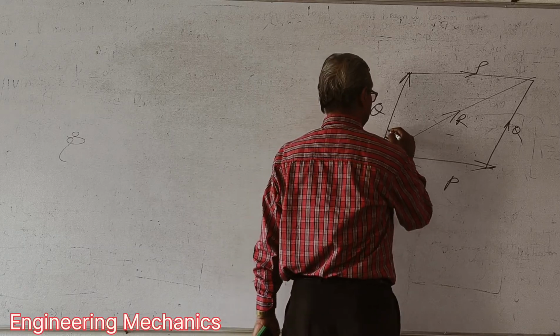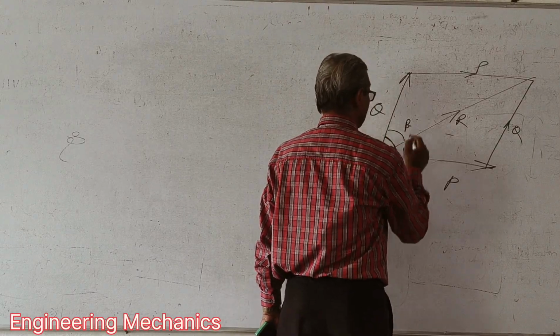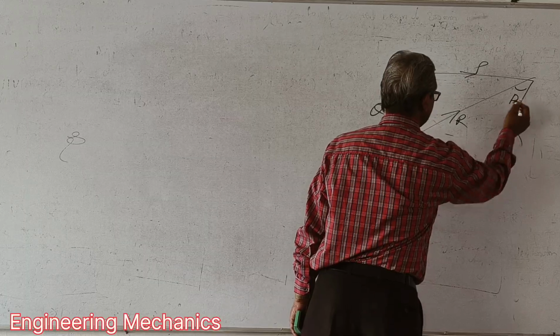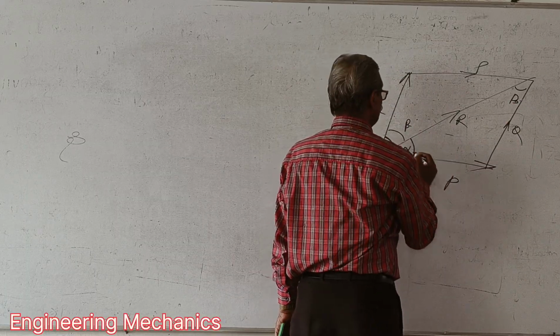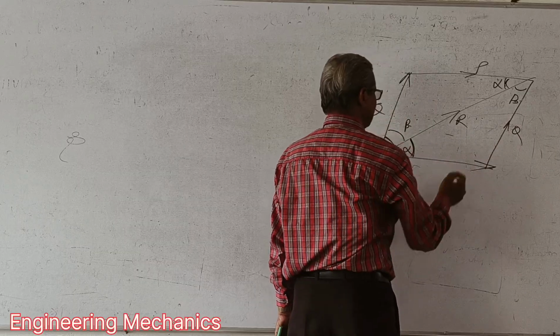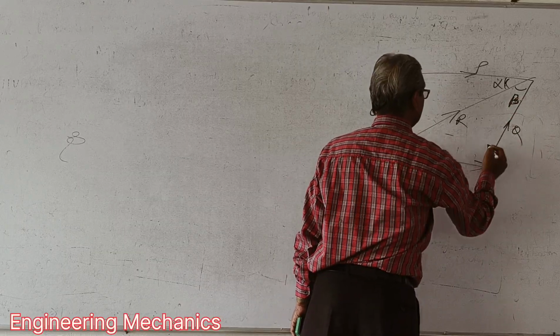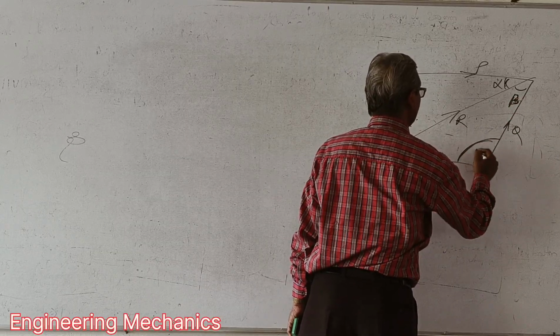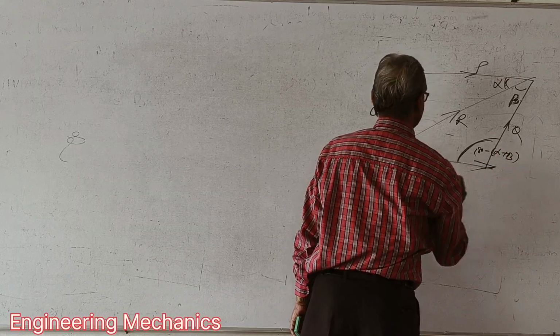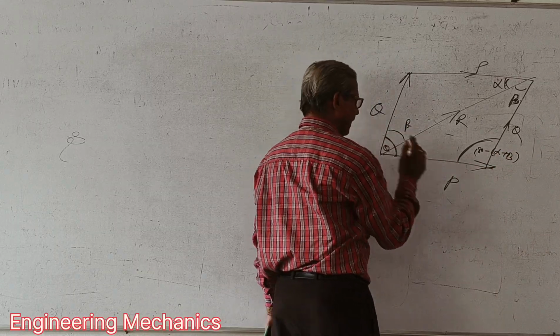Suppose this angle is beta. So this is beta and this is beta, this is alpha and this is alpha. So what is this angle? 180 minus alpha plus beta. What is alpha plus beta? Theta.